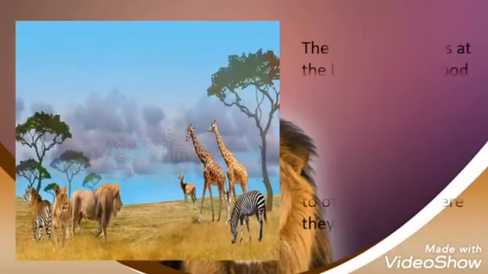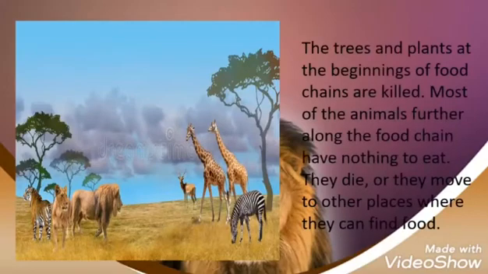The trees and plants at the beginnings of food chains are killed. Most of the animals further along the food chains have nothing to eat. They die or they move to other places where they can find food. But some animals can eat the crops that the farmer grows. They may have even more food to eat than before the land was cleared.